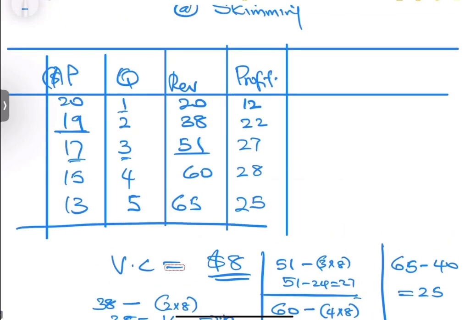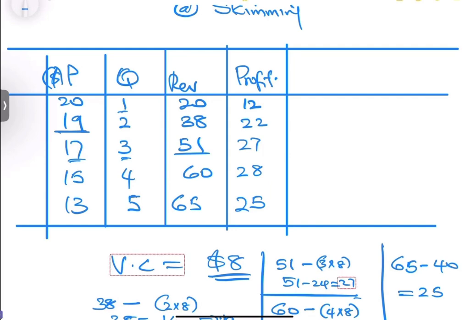So the question is, looking at these 5 scenarios, 5 different prices that we can charge, what price should we be charging? Since we said we should be charging at a price that maximizes our profit, what price will maximize our profit here?